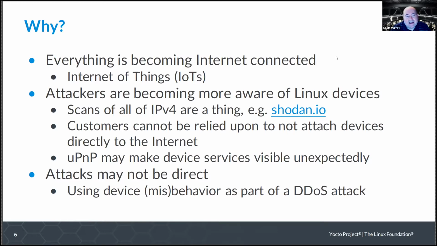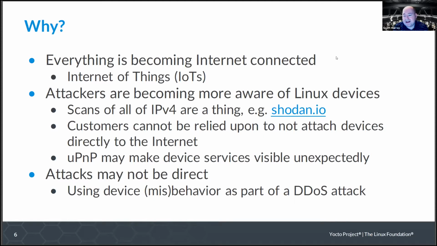And of course, these days, there have been some attacks in the last few years where Universal Plug and Play, through home gateways or other firewall devices, may make device services that you don't expect to show up on the internet actually end up on the internet. That's not something you might expect.